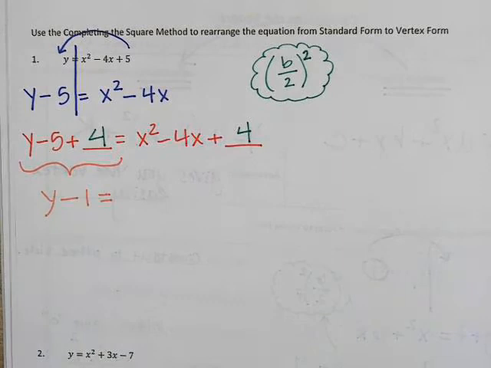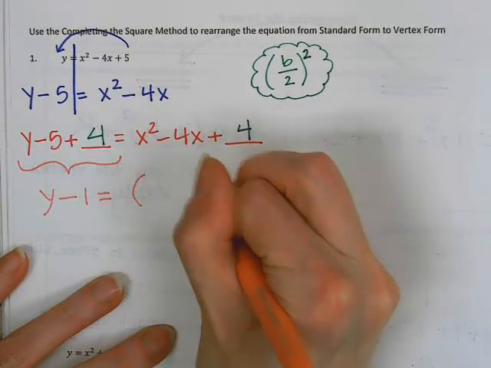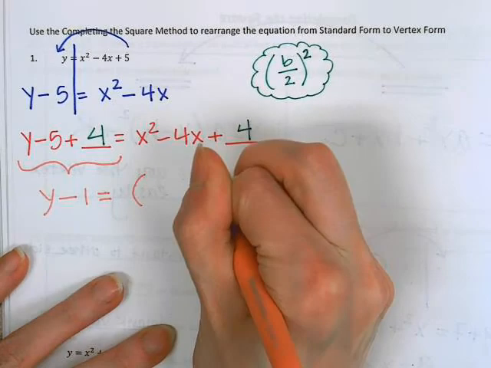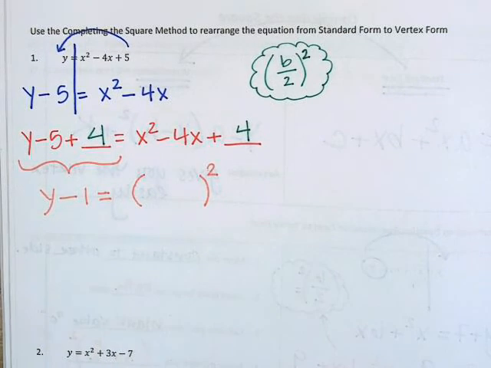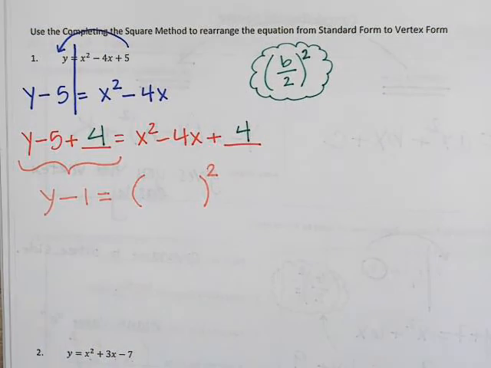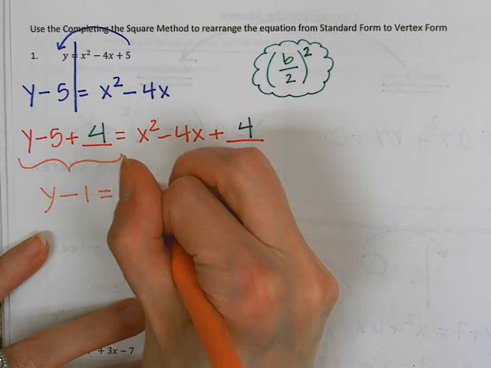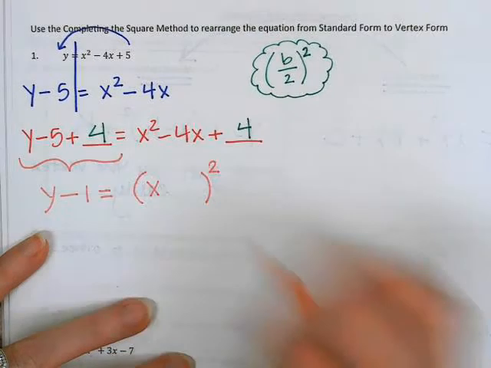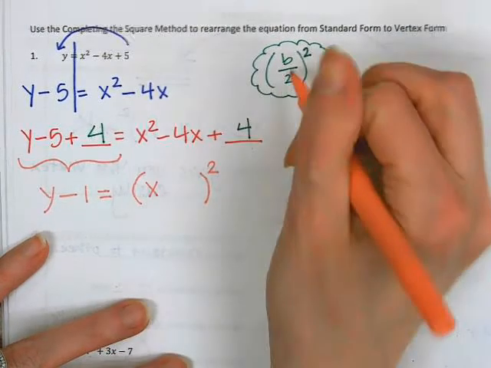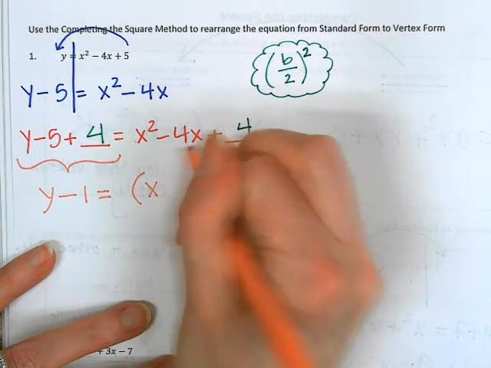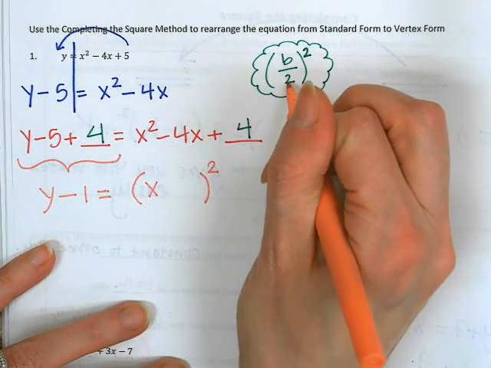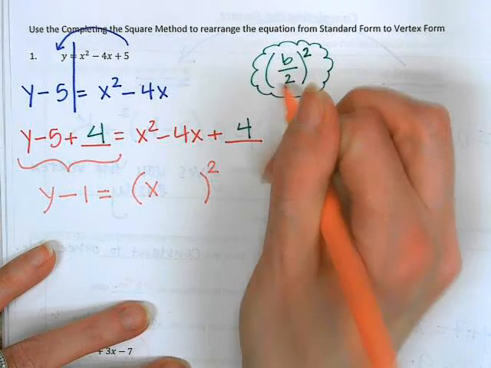On the right-hand side, it's going to be a perfect square of what? It's x plus b over 2. What was the b over 2? Negative 4 divided by 2 is negative 2.